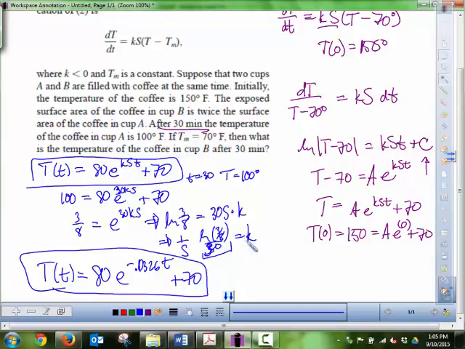So this is our K. And what we're going to do is essentially multiply something by 2. So this is for cup A. We should call this TA, T sub A.